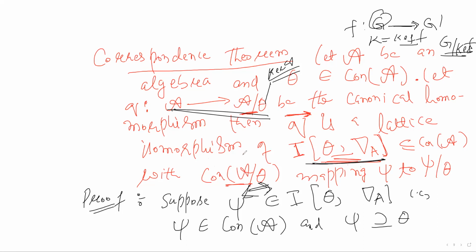There is an isomorphism of congruencies of A containing theta with the congruencies of A by theta. So you can deduce those theorems from this one.